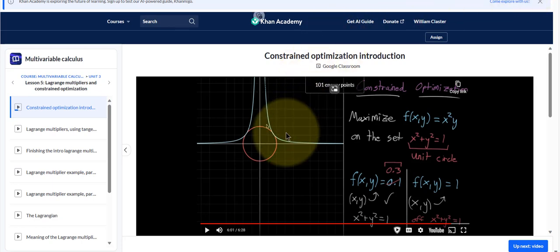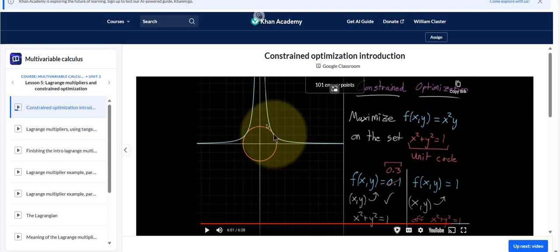Now, it's not exactly 100% clear to me that his observation is right, but that's due to my own limitations, I guess. But anyway, what he said is that when you reach the place where they just touch, their tangent lines are going to be the same.